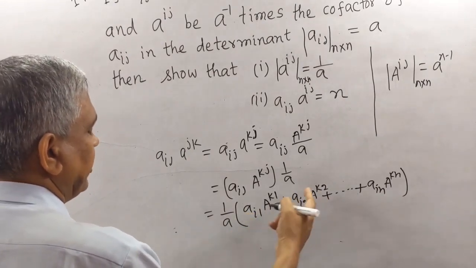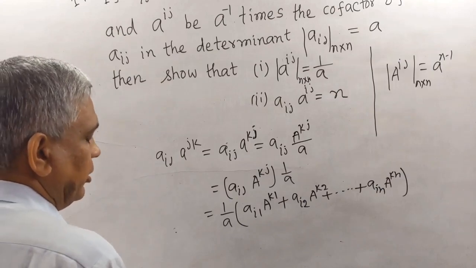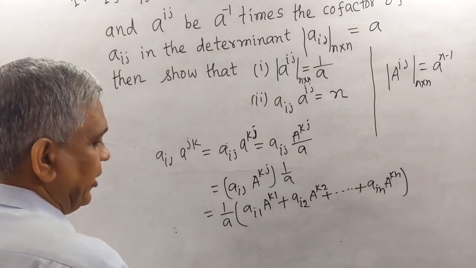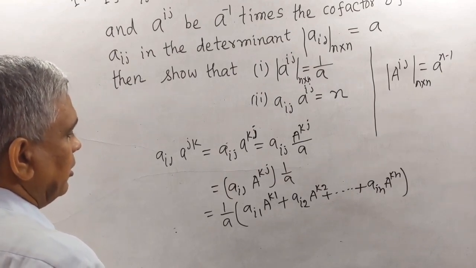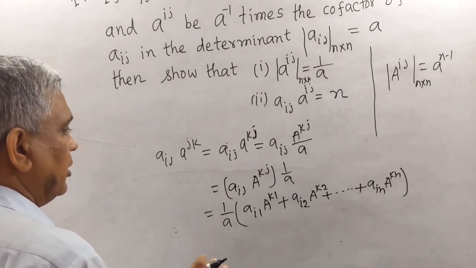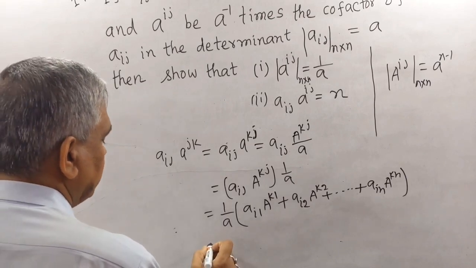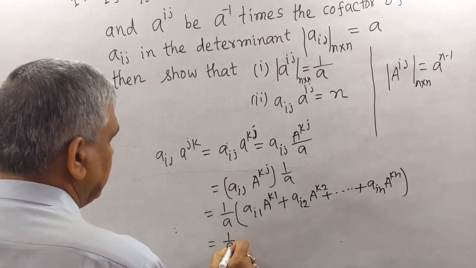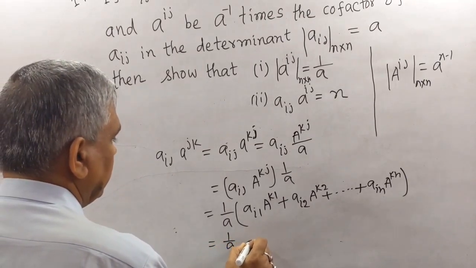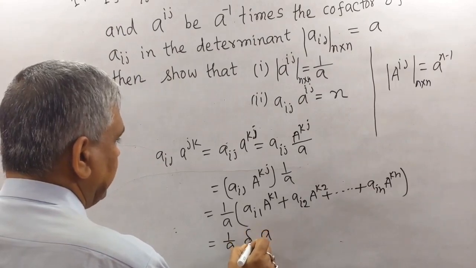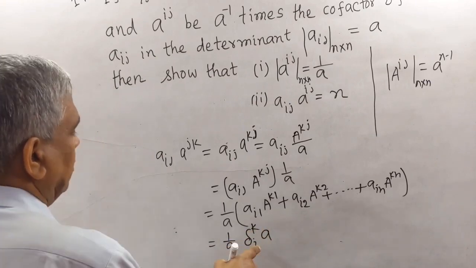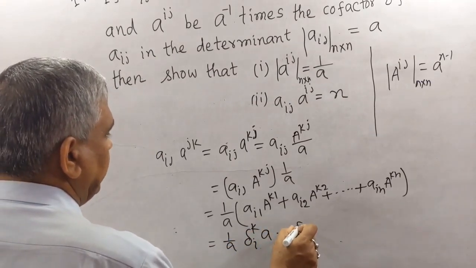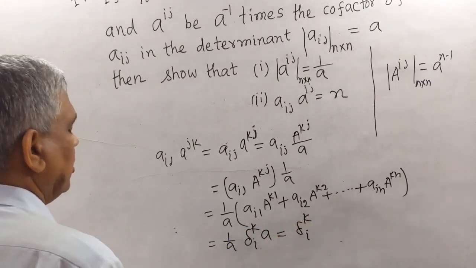The sum of products of elements and corresponding cofactors will give the value of the determinant. So we may write this as determinant A Kronecker delta_ik equal to delta_ik.